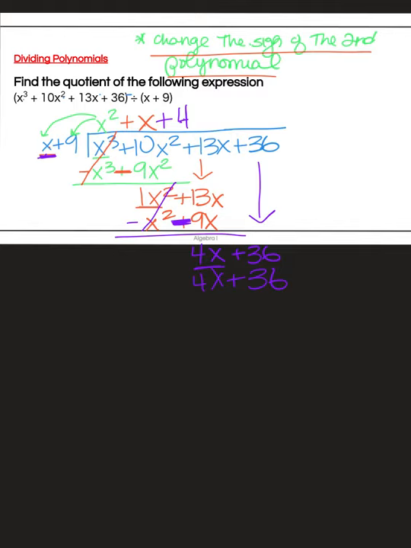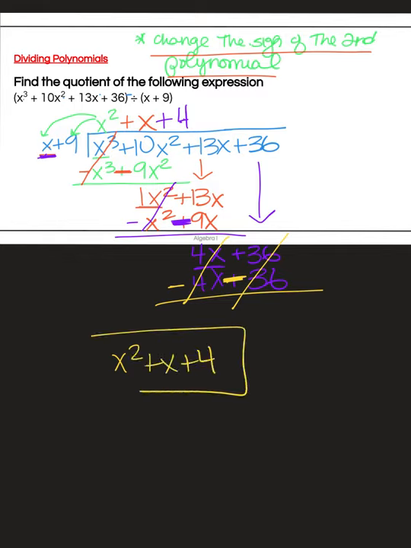I change the signs of the second one, so that's minus, and this is also minus. 4x minus 4x cancels, and 36 minus 36 cancels. So for my answer, I have x squared plus x plus 4. That is my quotient. Let's try another one.